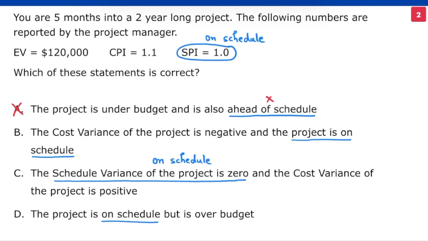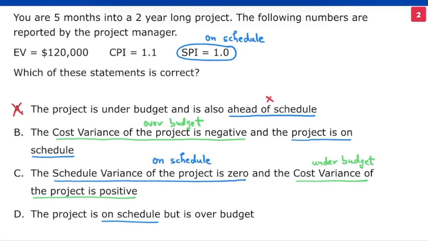We will look at the cost now. Option B says cost variance is negative. This means the project is over budget. Option C says cost variance of the project is positive. This means the project is under budget. Positive cost variance is good.